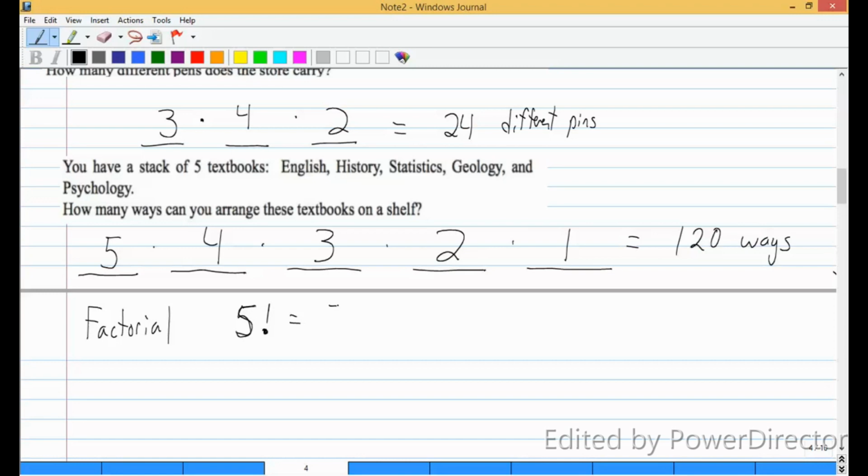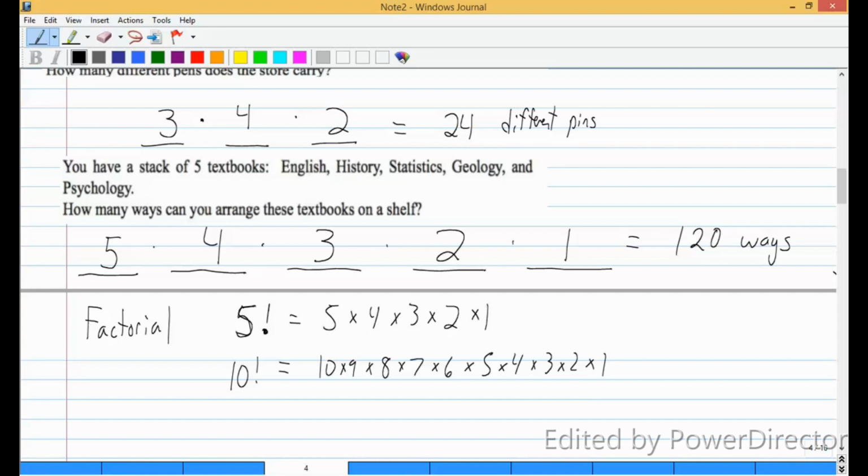So 5 factorial is 5 times 4 times 3 times 2 times 1. So any number factorial is going to be the product of all of the numbers less than or equal to that number down to 1. So 10 factorial is 10 times 9 times 8 times 7 times 6 times 5 times 4 times 3 times 2 times 1.